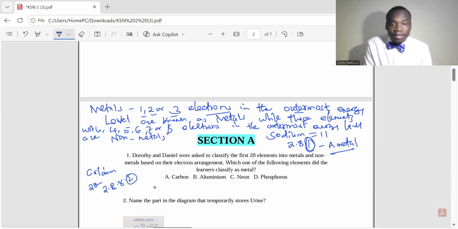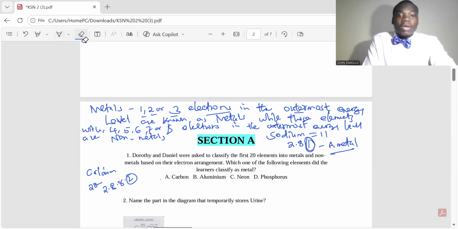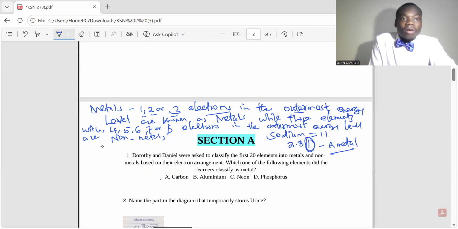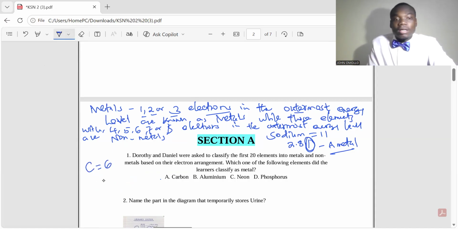Let's move to the answers. Answer A is carbon. Carbon has a symbol of C. It is number 6 in the periodic table. Its electron arrangement is 2, 4. Remember, the rule of electron arrangement says that the first energy level must hold a maximum of 2 electrons.